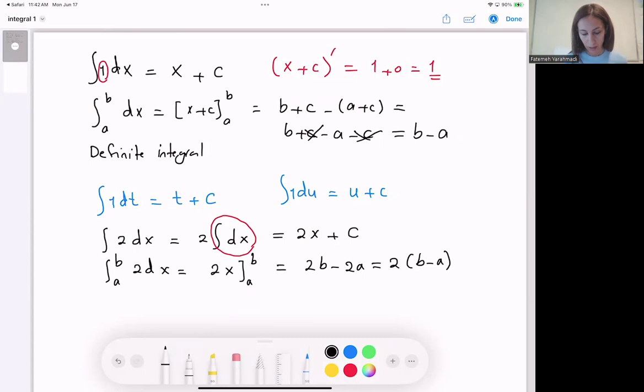Differentiate between the definite integral and indefinite integral, right? There we go.